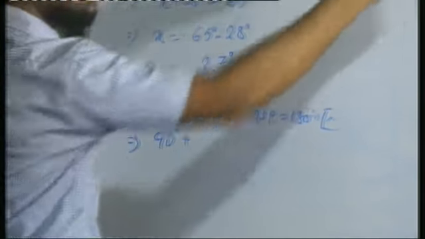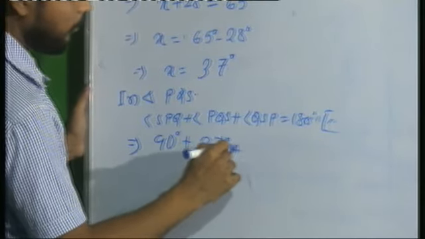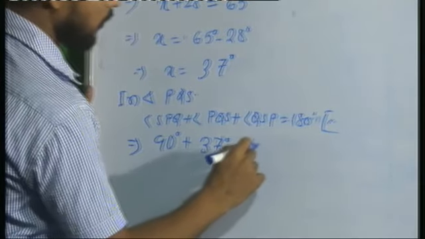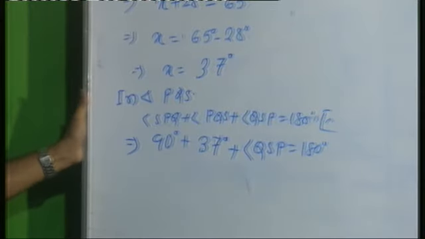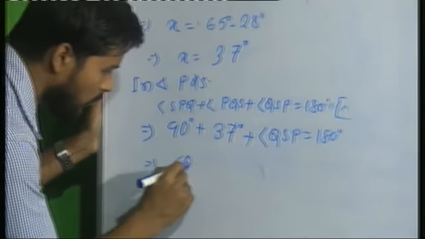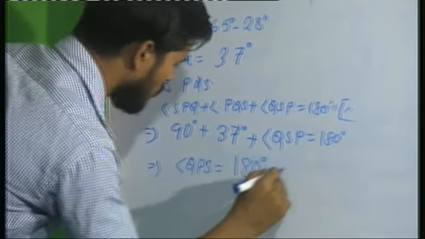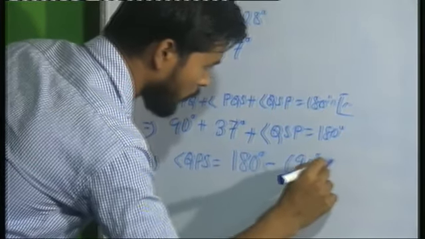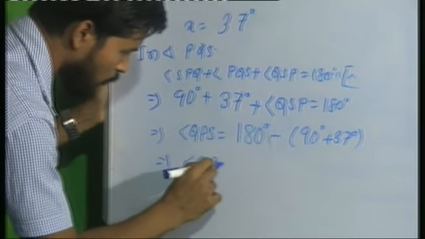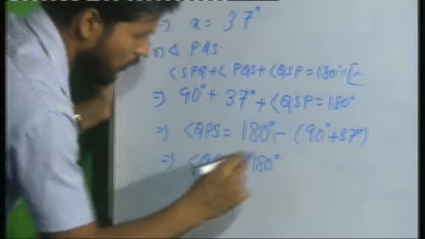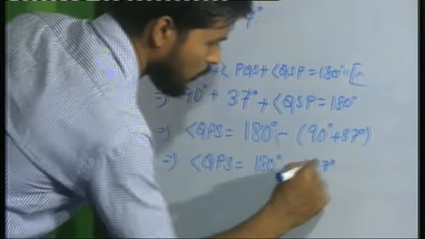So angle PQS equal to 37 degree, plus angle QPS is unknown, means actually you have to find the value of QPS, that's equal to 180 degree, means angle QPS is equal to 180 degree minus 90 degree plus 37 degree.